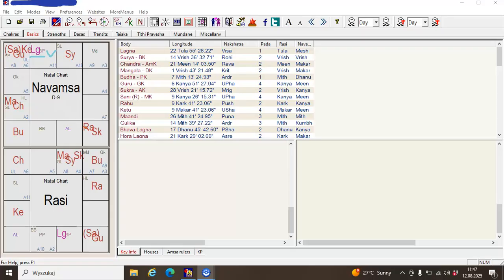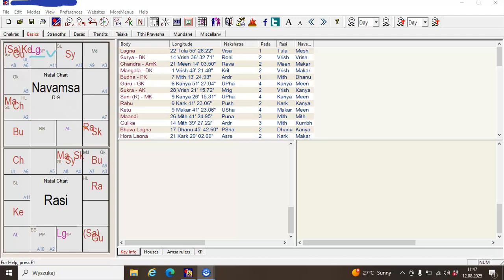I'll repeat the first point: if your Navamsha Lagna falls into an odd sign, which is Mesha, the Navamsha Dasha will start from the Navamsha Lagna, and it will be in direct order. So we know that our Navamsha Dasha will start from the Lagna because Mesha is an odd sign.